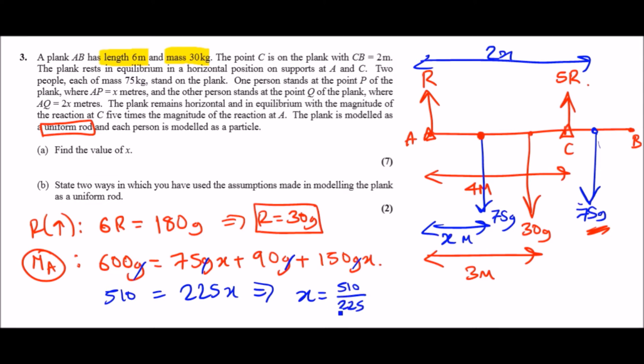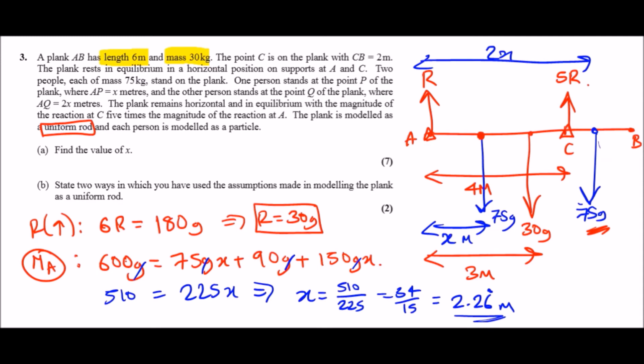Smash it in your calculator and I got 34 over 15, which is about 2.26 recurring meters. So x is 2.26 recurring meters, and I made a fair assumption that x is just before the 30 G.